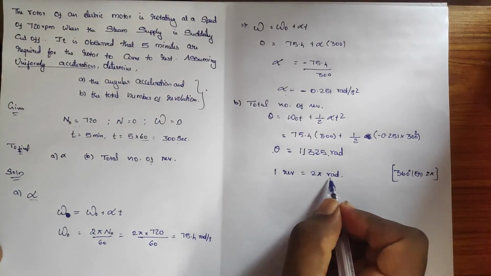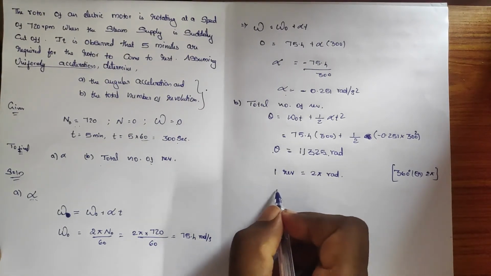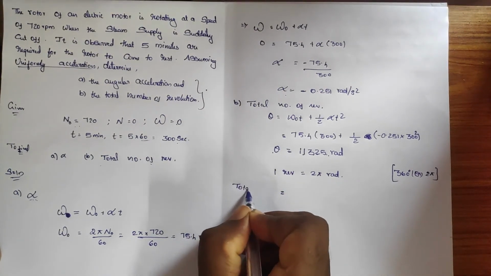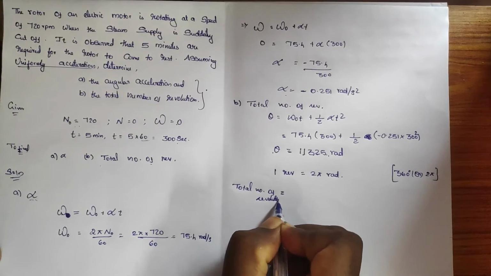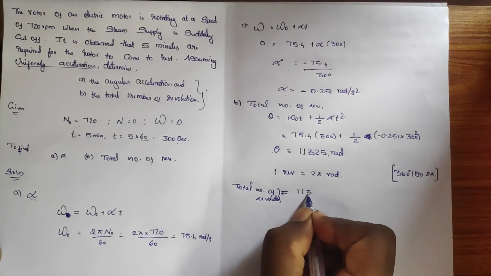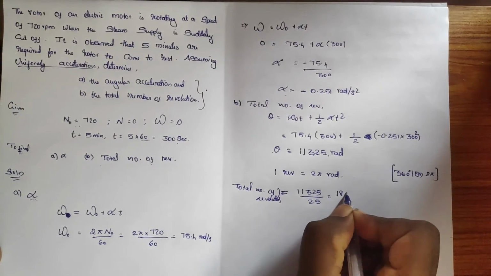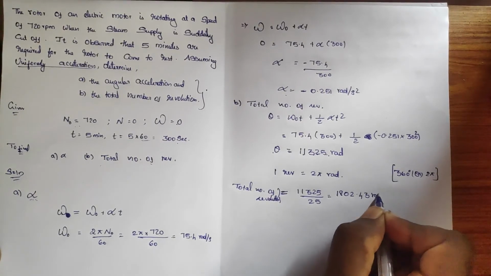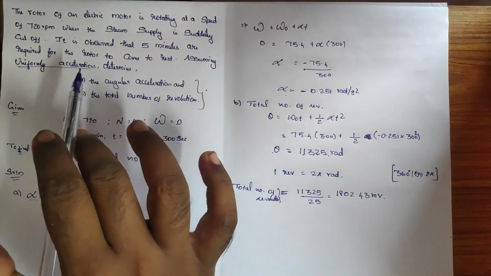So one revolution is equal to 2 pi radian. So the total number of revolutions is 11,325 divided by 2 pi, which gives 1802.43 revolutions. This is the total number of revolutions taken by the motor.